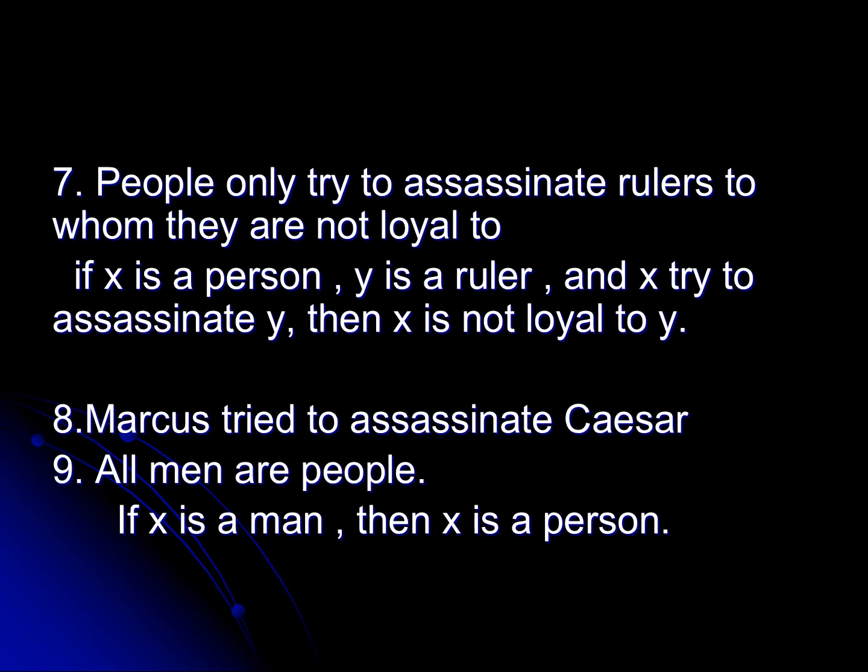That can be represented easily and directly. All men are people. If X is a man, then X is a person. In that way, you can rewrite the statement so that you can easily convert that into WFF.